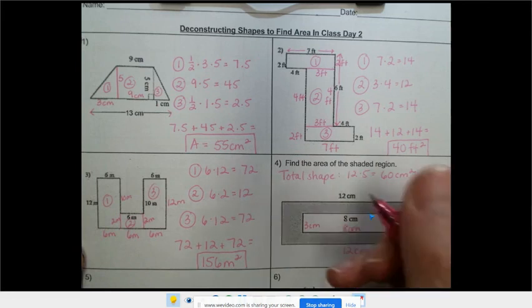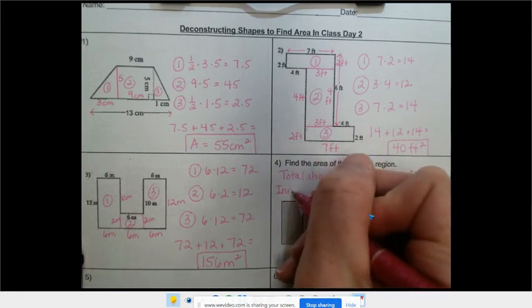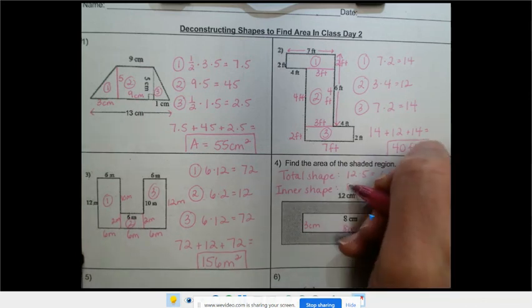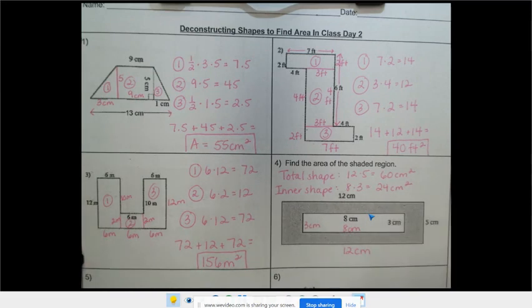So that inner part is 8 times 3, which is 24. Now I'll just subtract that out to find my shaded area. So 60 centimeters squared minus 24 centimeters squared, and you should end up with 36 centimeters squared. So that's how you deconstruct shapes to find their area.